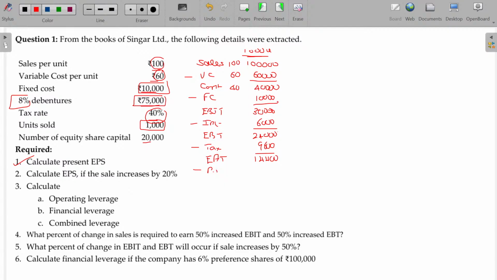Preference share is missing here, so we don't pay preference dividend. So ultimately earnings available to the equity shareholders in this case being 14,400. Now find out the EPS. You have to divide this by the number of shares. Number of shares in this case is 20,000. 0.72 will be the EPS.